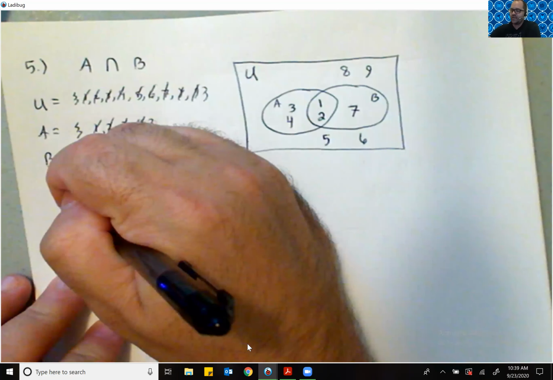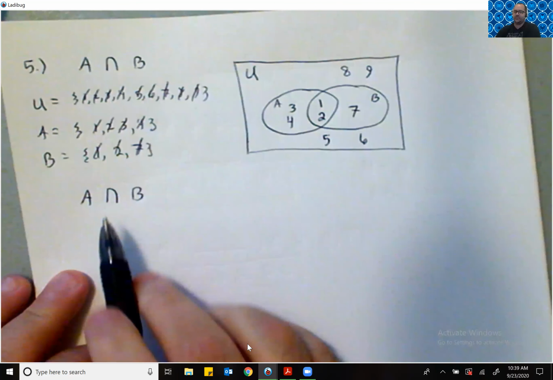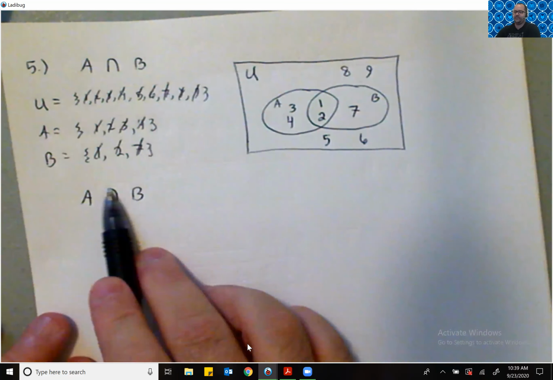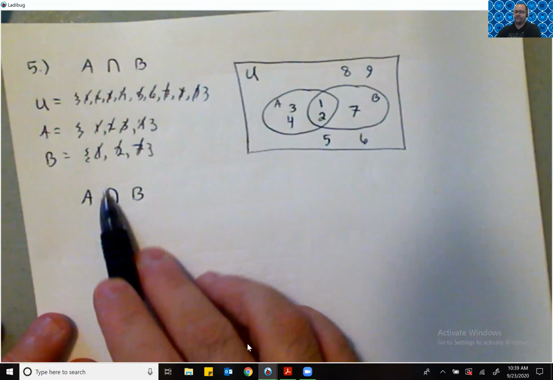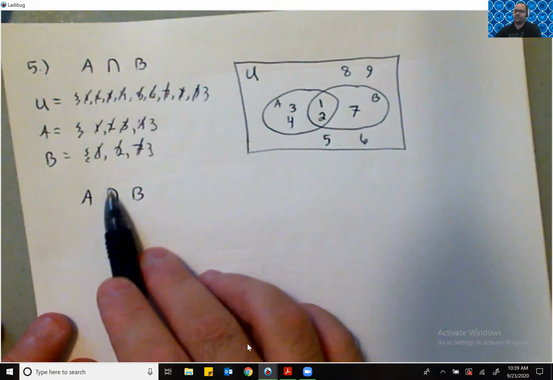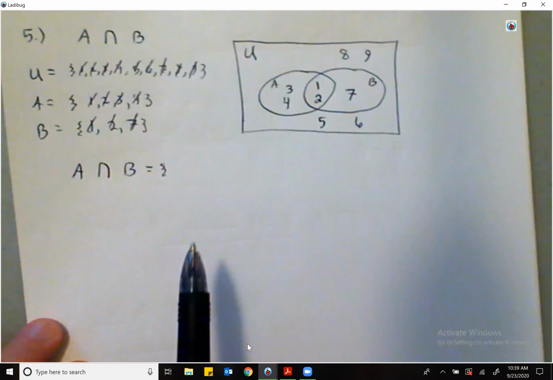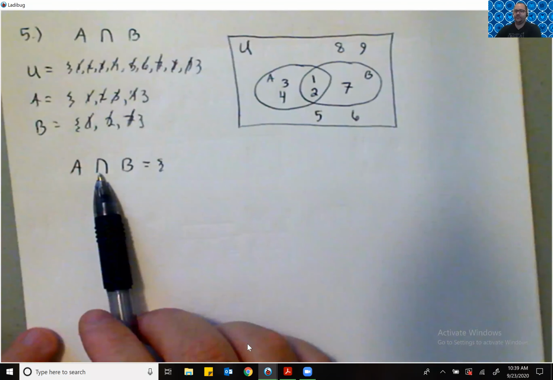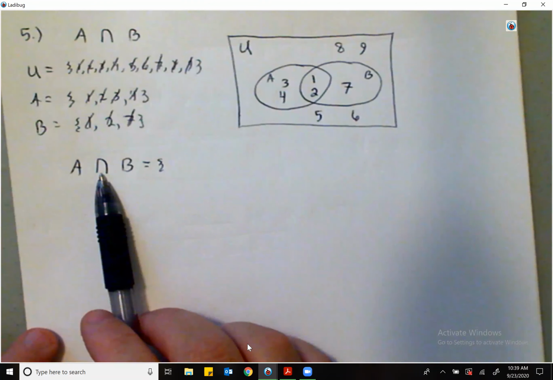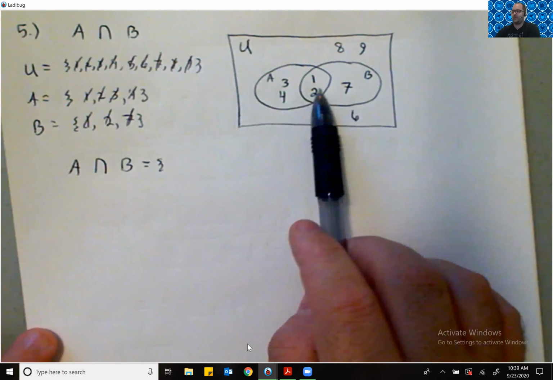So our question is A, this symbol, B. What does this symbol mean? Intersection. And what do we look at in the intersection? What kind of numbers intersect? Where they overlap, right? What's in common?